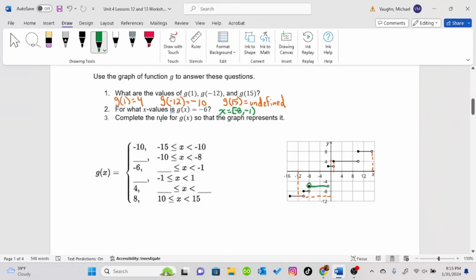Or you could write it as negative 8 is less than or equal to x, which is less than negative 1. Either method is a proper way to write these values.